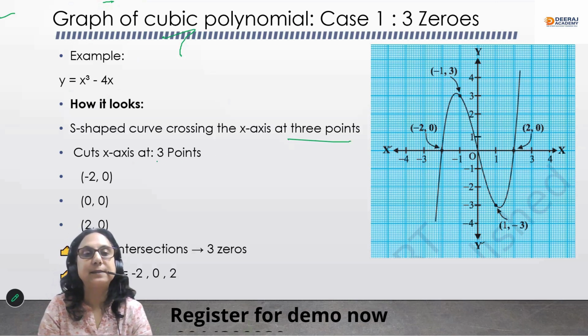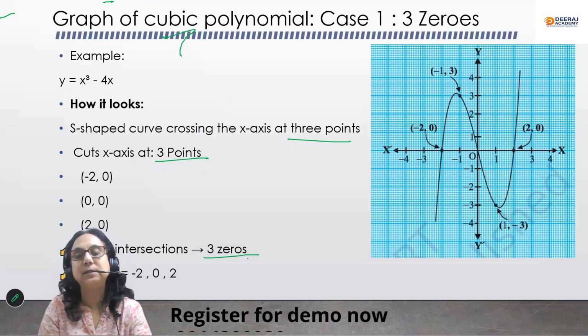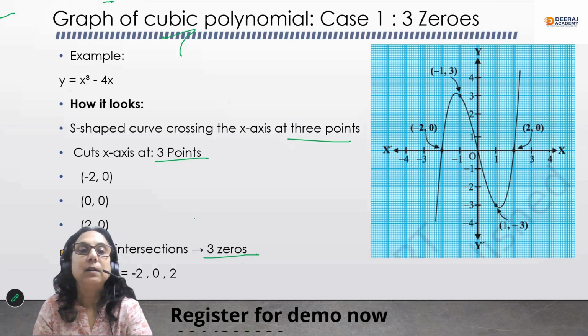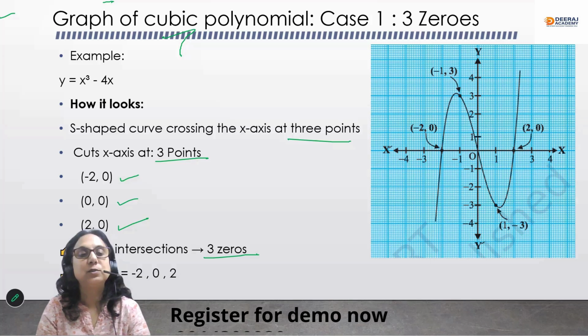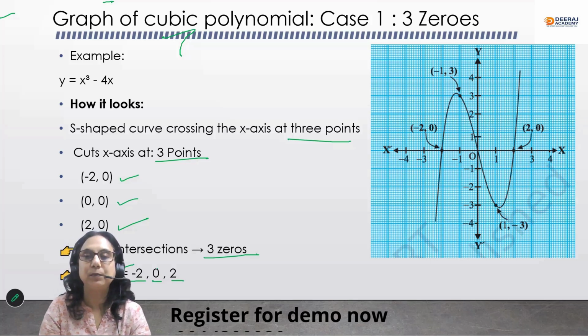So it cuts the x-axis at 3 points, hence it has 3 zeros. Which 3 points is it intersecting? (-2, 0), (0, 0) and (2, 0). The zeros will always be the x-coordinate. So the zeros are -2, 0 and 2.